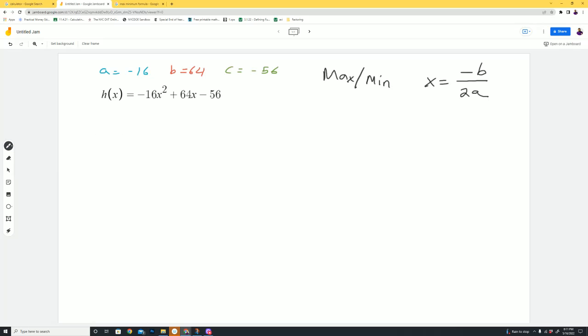First rewrite it, x equals negative b over 2a, and we know that b is 64, so x equals negative, in parentheses we're going to put that 64, divided by 2, and in parentheses our a is negative 16.